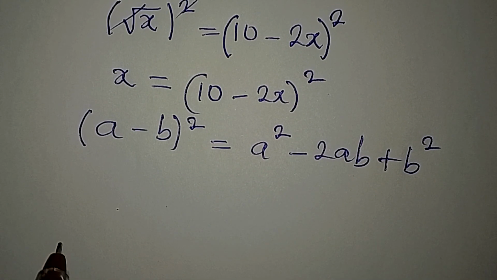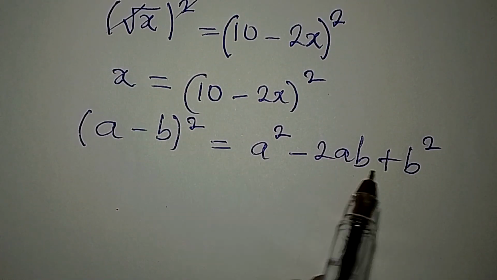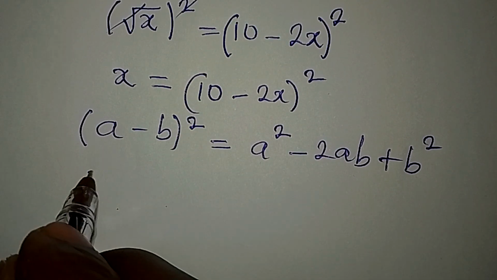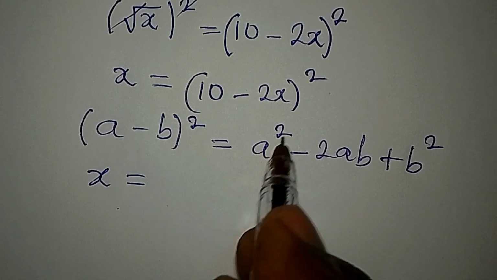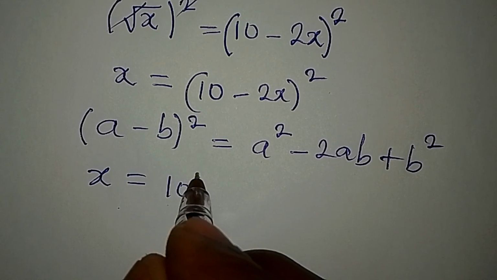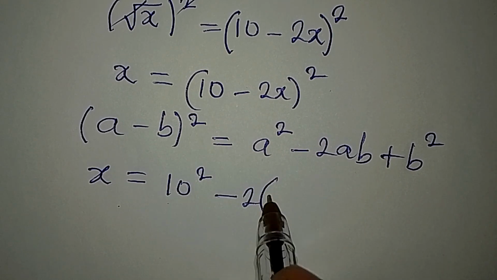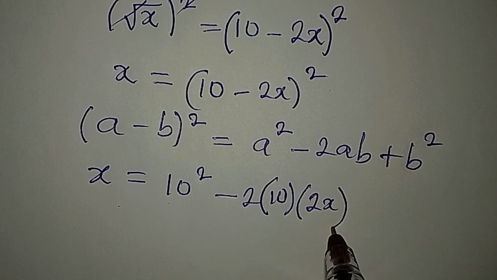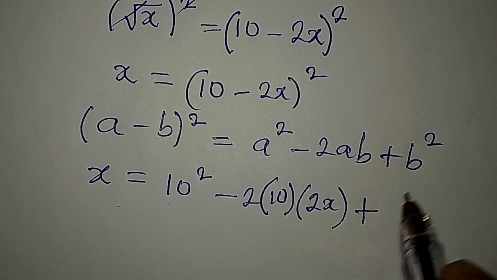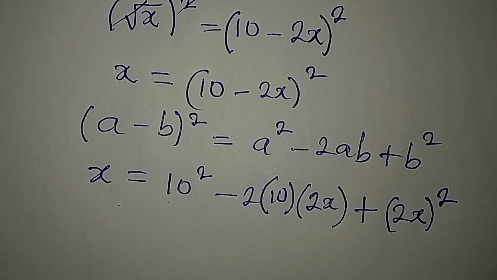And for that, I'm going to express this in the form of this, so that x will now be equal to 10, a squared will now be 10 squared, right? Minus 2 times a, our a is 10, multiplied by b, and it's 2x. Then plus b squared, that would be 2x in bracket squared.